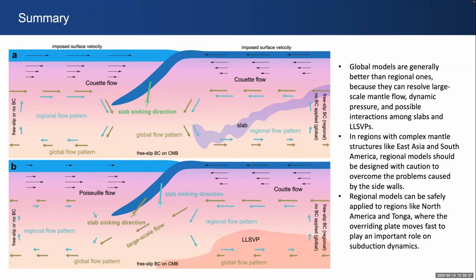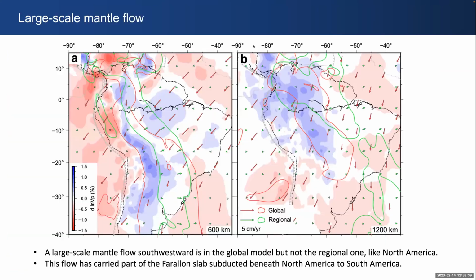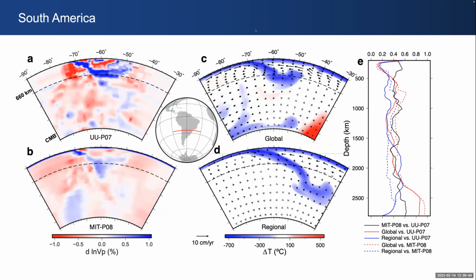Actually, I have another question. Back to your slide showing the subduction beneath South America. It looks like the seismic tomography models don't show the Farallon slabs swept southward, right?